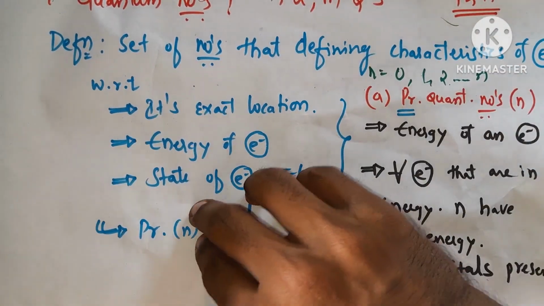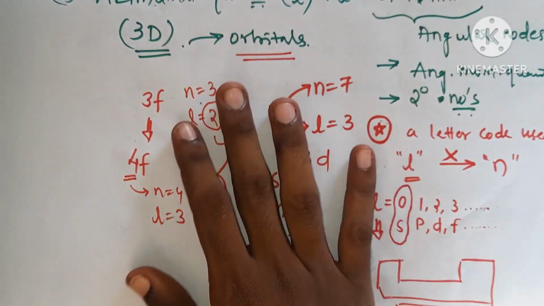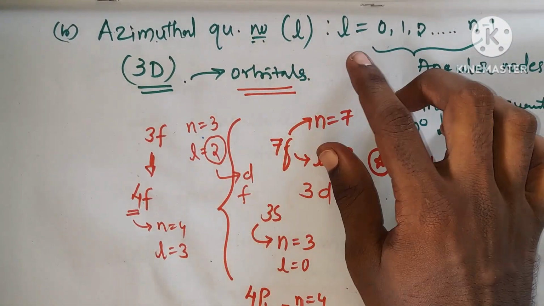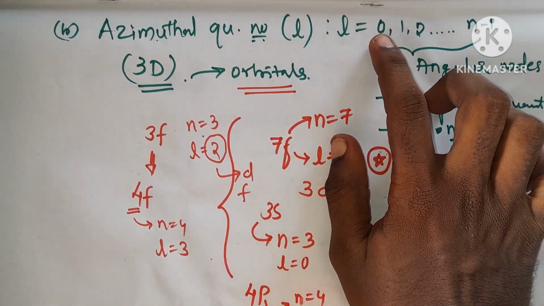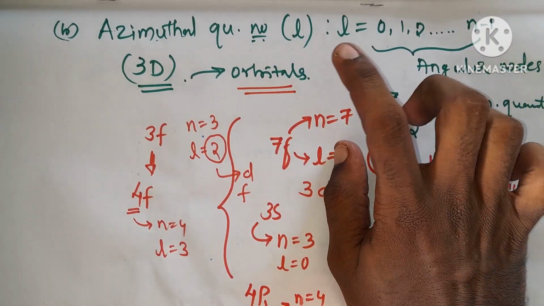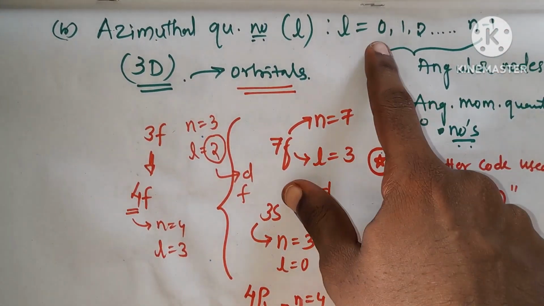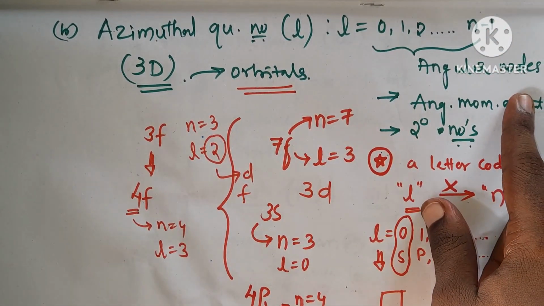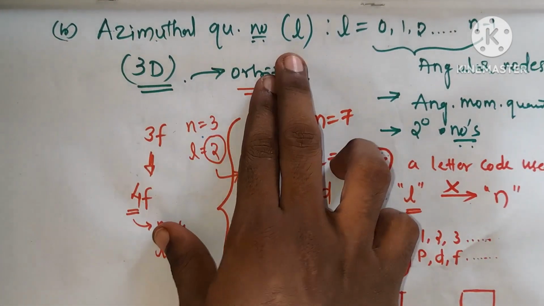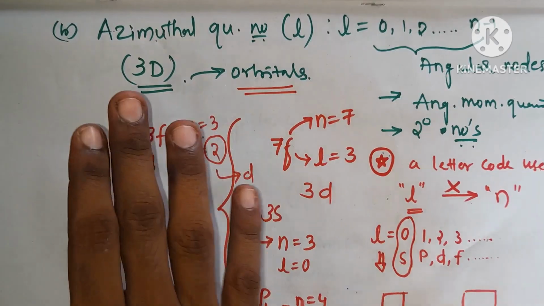Next is the azimuthal quantum number, denoted by L, with values 0 to n minus 1. These values denote the angular nodes, and this quantum number is mainly related with the shape of the orbitals and three-dimensional structural aspect.